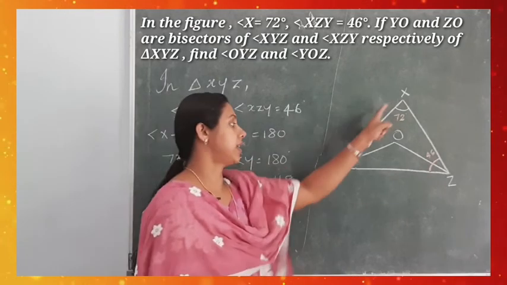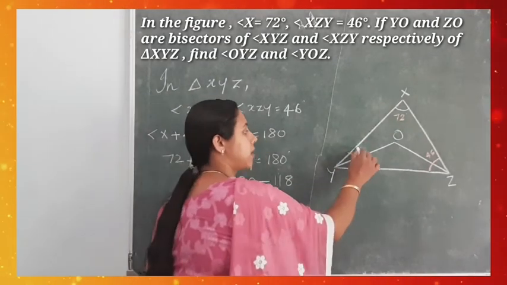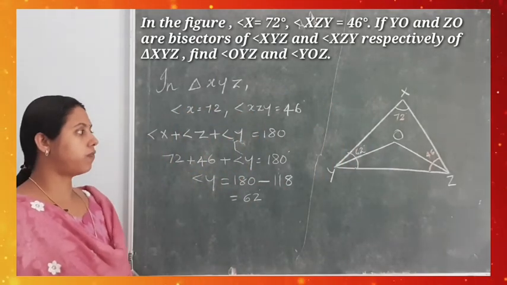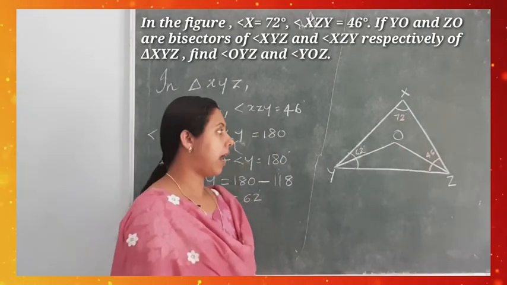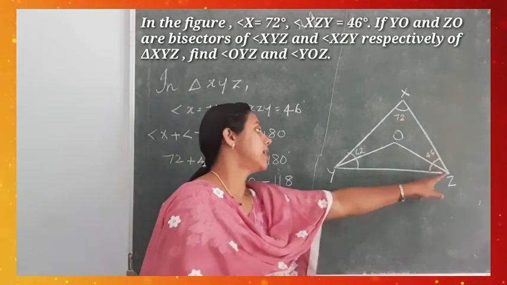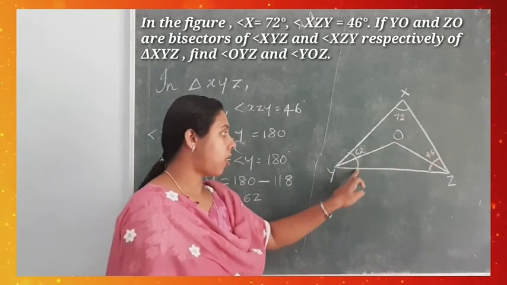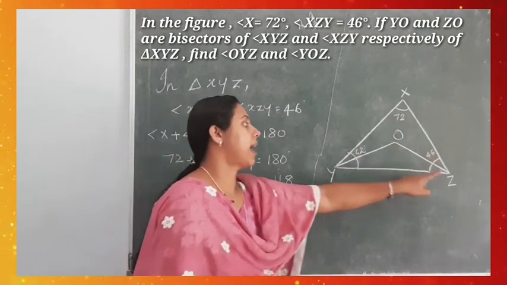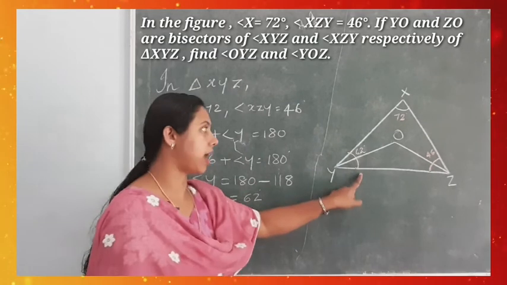Angle XYZ, that means the whole angle. This whole angle is equal to 62 degrees. We want to find angle YOZ and we want to find angle ZYO. If you know the whole angle, it's already given for you. YO and ZO are the bisectors of these two angles.